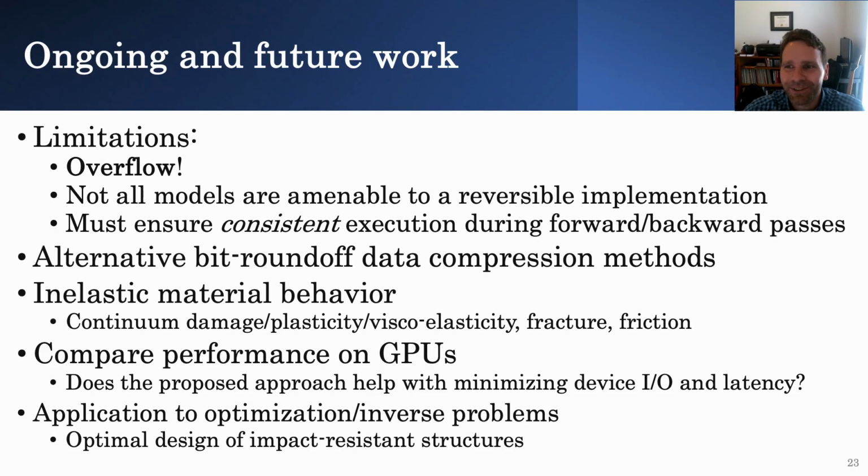You can't reverse something that doesn't have an inverse, and moreover, something that doesn't have a unique inverse. So you must ensure that there is exactly a one-to-one mapping between simulation states, between adjacent time states in your overall simulation. If there isn't such a unique mapping, then effectively there's no hope that you'll ever be able to reverse those operations. So that's a critical limitation that's worth noting.